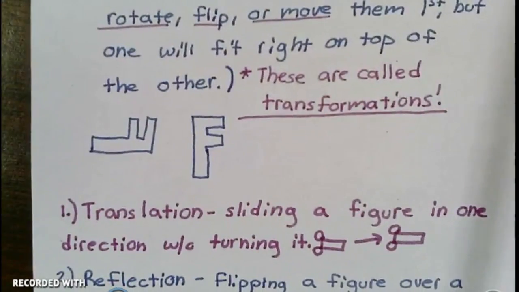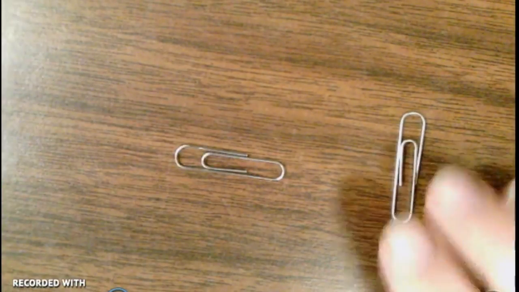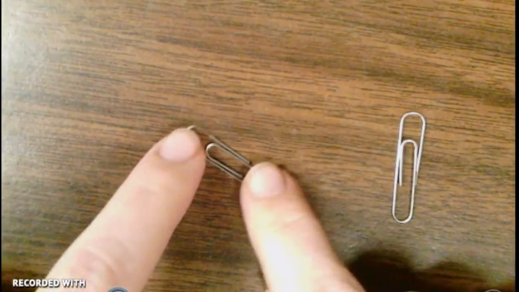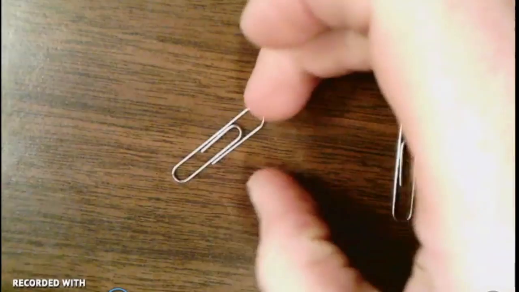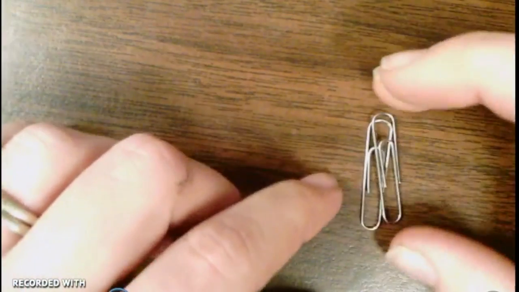So here we've got an example of some F's. First, I'm going to show you with these two paper clips. Let's say that I had one paper clip like that and one paper clip like this. Assuming these paper clips are congruent, I would need to rotate this paper clip, and then I would need to translate it, which means I'm going to move it, and I could make them stand right on top of each other and look like one happy paper clip.